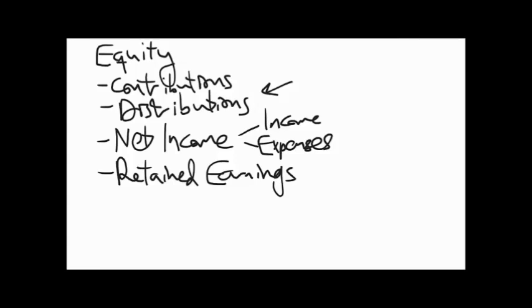And so you'll find that we will have all of these different categories split out throughout the year so that we can monitor these different categories that are important to us, like how much the business is earning and how much the owners are putting in or taking out. But at the end of the year, on December 31st, if we're a December 31st year-end close, all of these accounts get closed out and rolled into retained earnings.